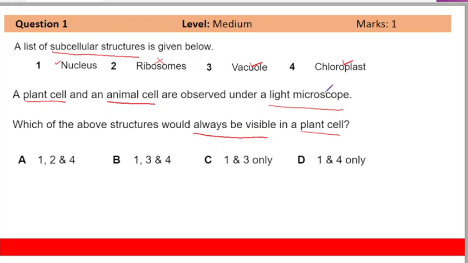So structures with a light microscope we can view: structure 1, structure 3 and structure 4. So this B is the correct option.